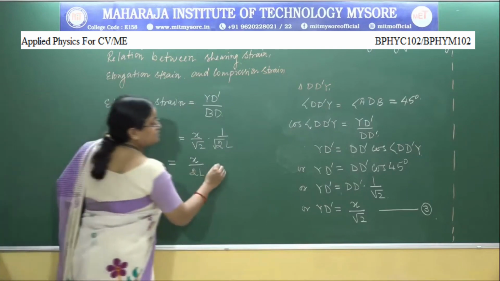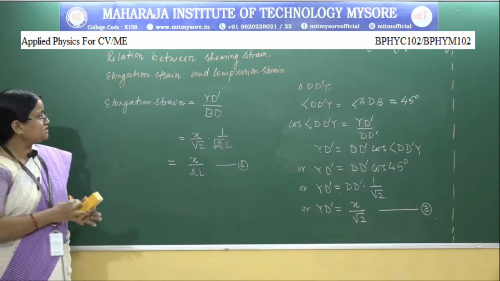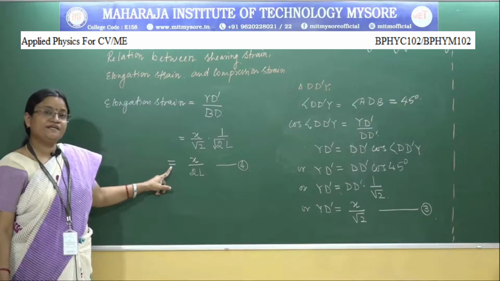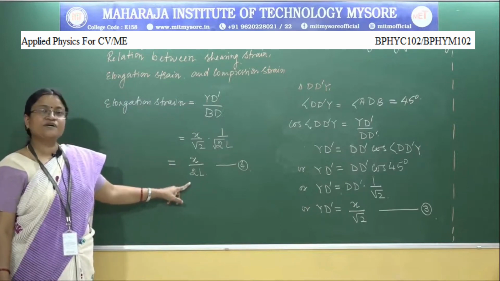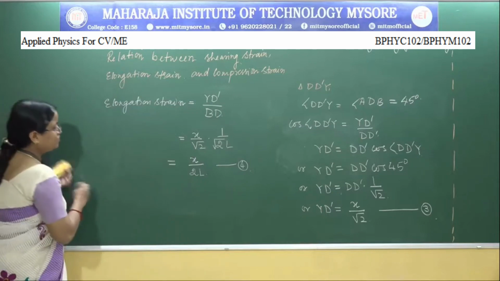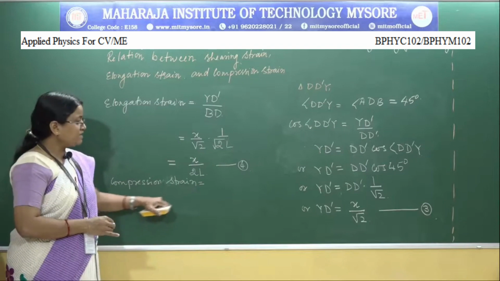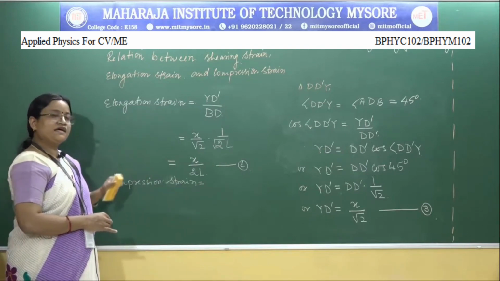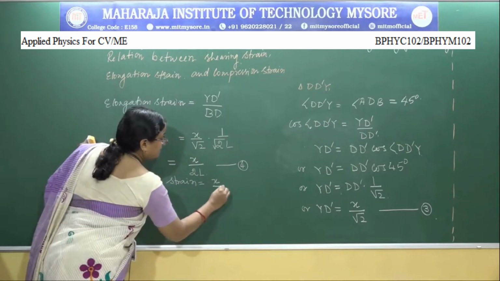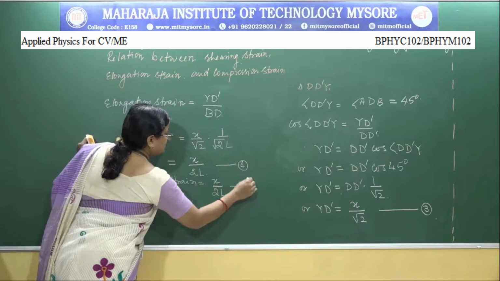So the elongation strain along BD is equal to x by 2L. Now similarly we can find out the compression strain. Similarly, the compression strain along the diagonal AC we can derive, and it will also be equal to x by 2L.